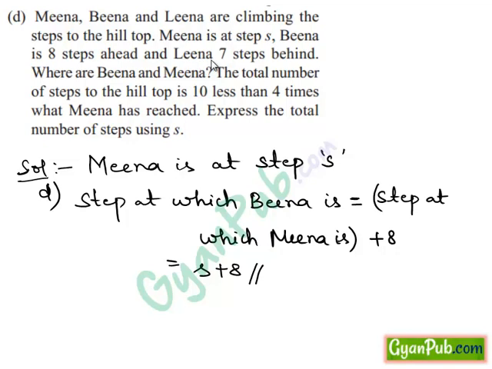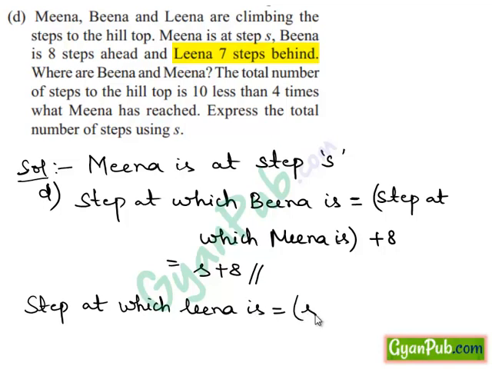And they had also asked us to find the step at which Leena is. So the step at which Leena is equals the step at which Meena is minus 7.